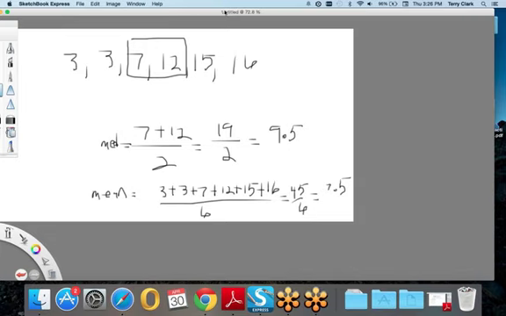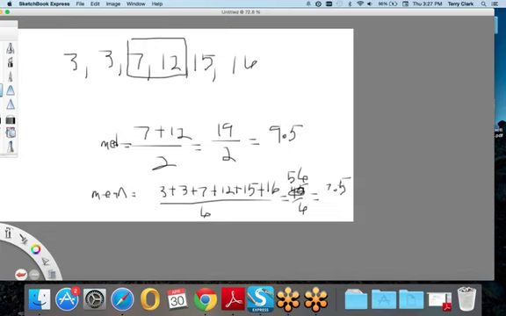Yeah, I think the adding's wrong on this. For some reason, 3 plus 3 plus 7 plus 12 plus 15 plus 16. Yeah, it's supposed to be 56 here, 56. And then we're going to divide that by 6.